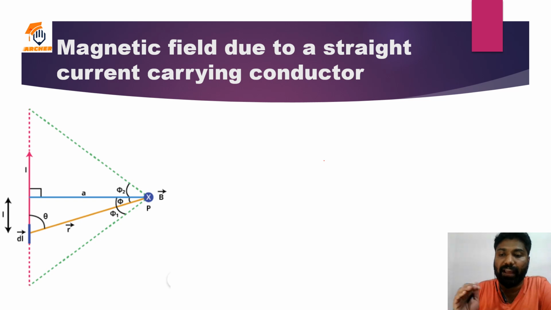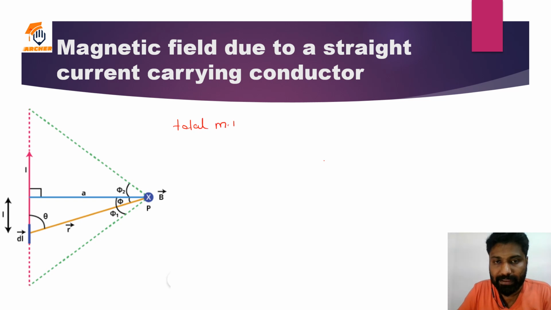So how can we find the magnetic field for the entire infinitely long straight conductor? For that we need to integrate this. So how can we integrate this? The total magnetic field will be B. We take the integral of dB from minus phi 1 to phi 2.